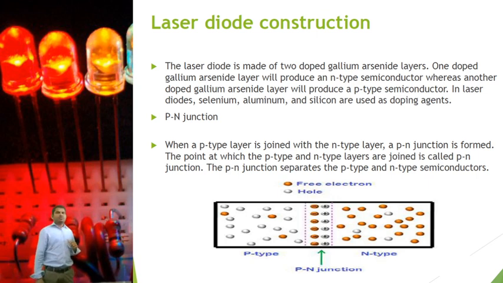When we join the P-type semiconductor and the N-type semiconductor together, we form one layer, the depletion layer. That PN junction is known as the depletion layer. In the P-type we have holes and in the N-type we have electrons.